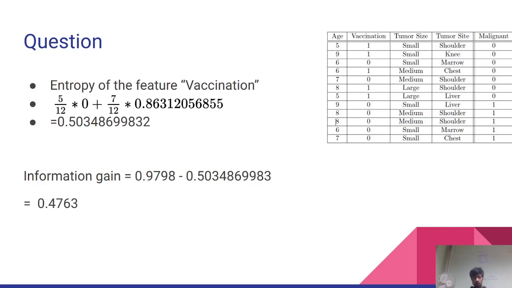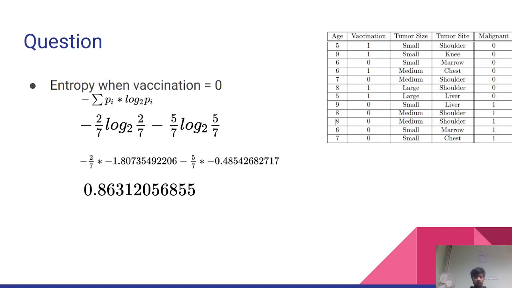Sir, how did you calculate vaccination equal to 0? You can see here, we are just looking at the rows where vaccination equals 0, this row and the last 5 rows. Then we get 0.86.